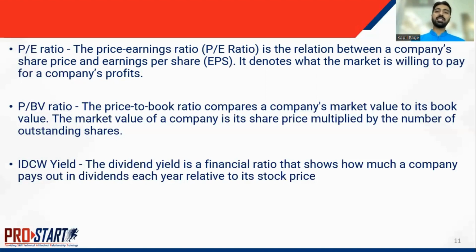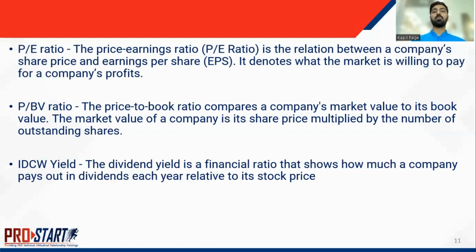Then we have IDCW, income distribution cum capital withdrawal. So this is the dividend yield, which was earlier said. Dividend yield is the financial ratio that shows how much a company pays out in dividends each year relative to the stock price. So let's say 100 rupees was invested, and for that year, what was the amount of dividend that was given back to the investor?